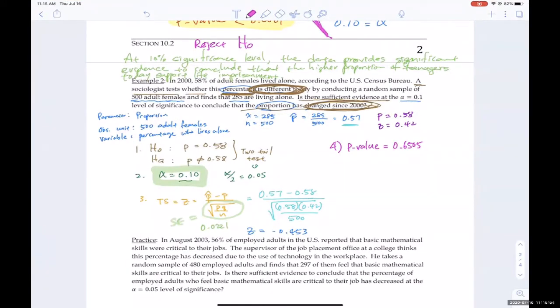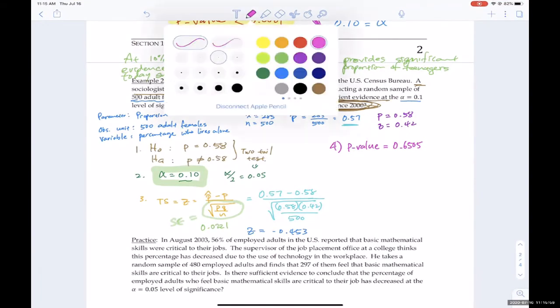So we get the test statistic, which I should do in orange.